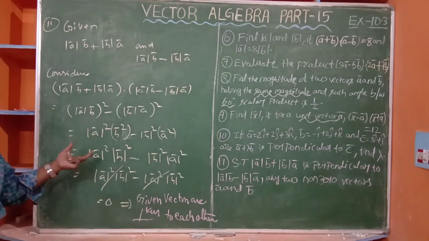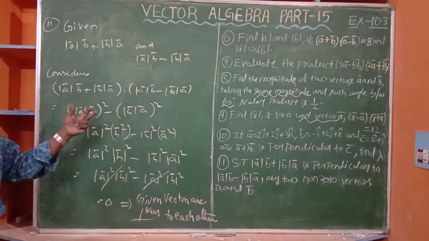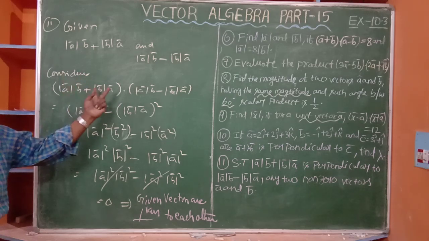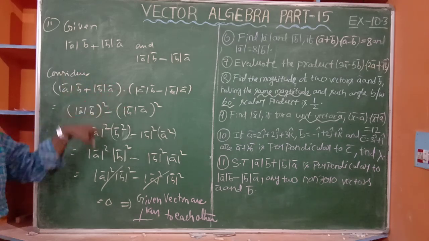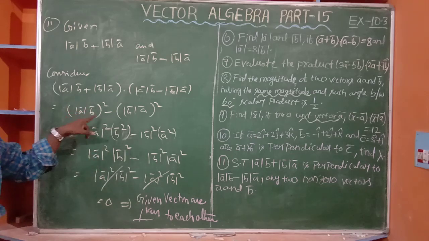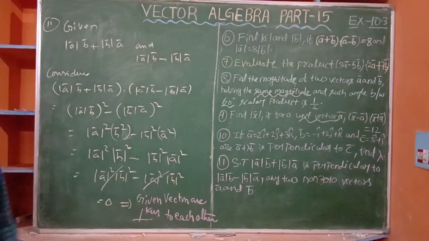In this problem, we are using one thing: if we want to show the given vectors are perpendicular, their dot product, their scalar product, is 0. And one more thing is, the square of a vector is nothing but the square of its magnitude.